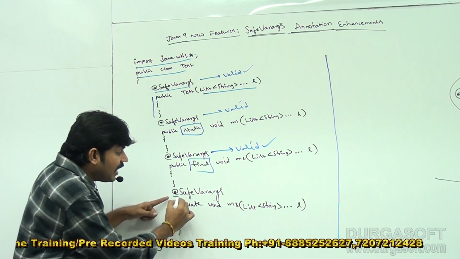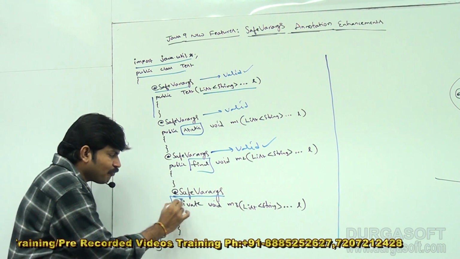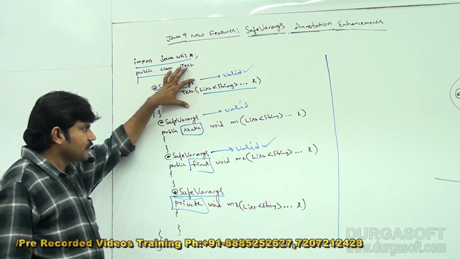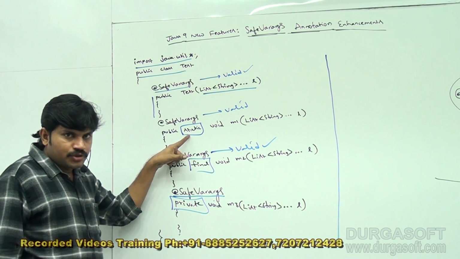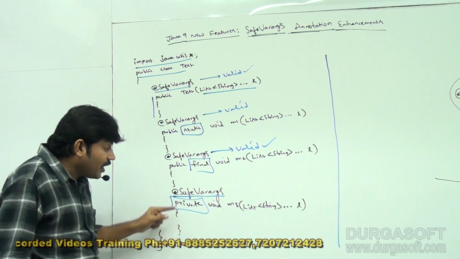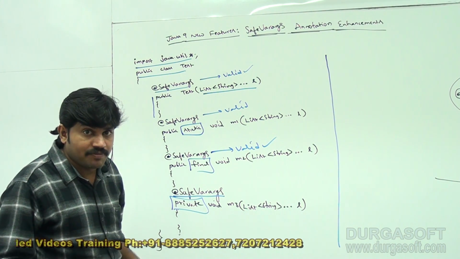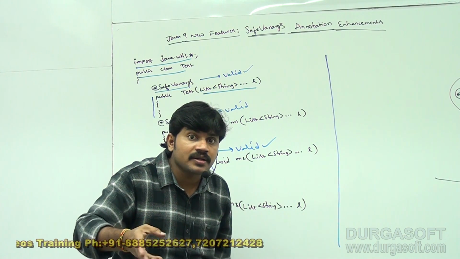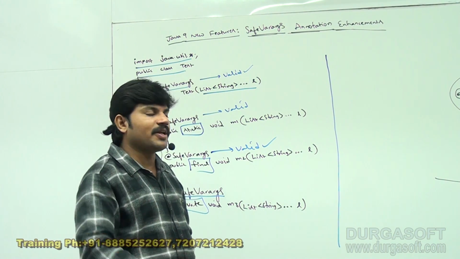Next, the SafeVarargs annotation for a private method. You can apply it for a constructor, for a static method, for a final method, but you can't apply it for a private method until 1.8 version. But from 1.9 version onwards, happily you can apply it, no problem at all.